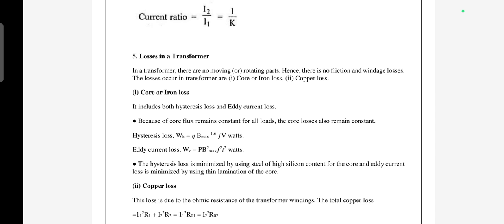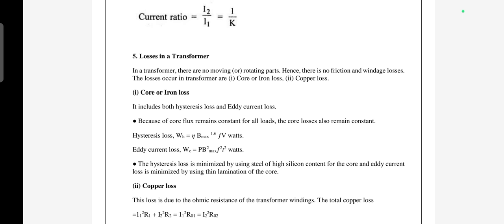In core loss there are two, hysteresis loss and eddy current loss, where hysteresis loss is reduced by the use of a magnetic core and eddy current loss is reduced by the use of lamination, because the core flux remains constant for all loads and the core losses also remain constant.